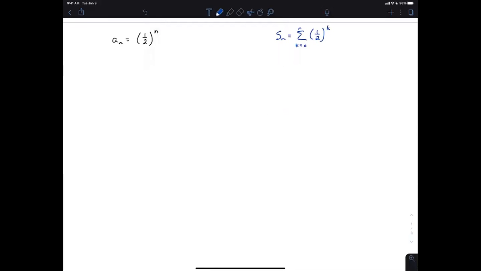And so these are two completely separate sequences that are related to each other, but they are two completely different sequences from each other. So the one on the left, if you start just listing terms, we can quickly figure out that A0 is 1, A1 is 1/2, A2 is 1/4, A3 is 1/8, A4 is 1/16.